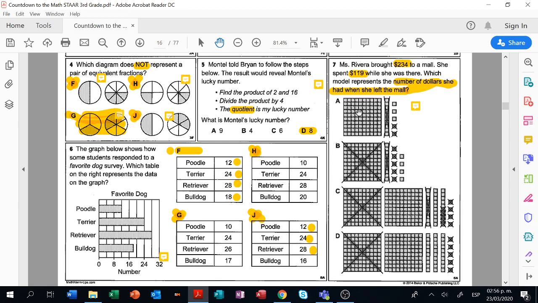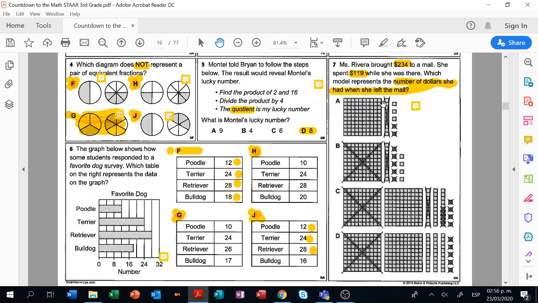Remember that in this kind of value diagrams, the first thing we have to do is find an option that shows us the big number, in this case 234, and then the other number should be crossed out because it represents a subtraction. We are taking that away.